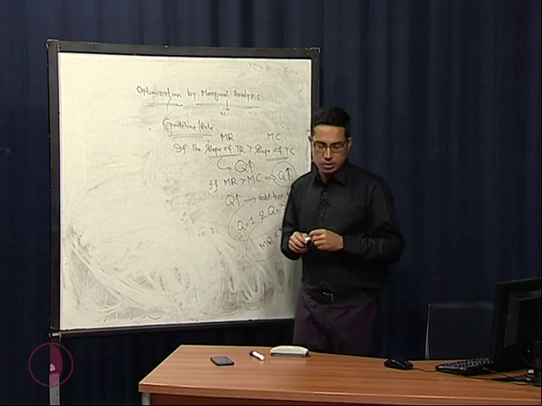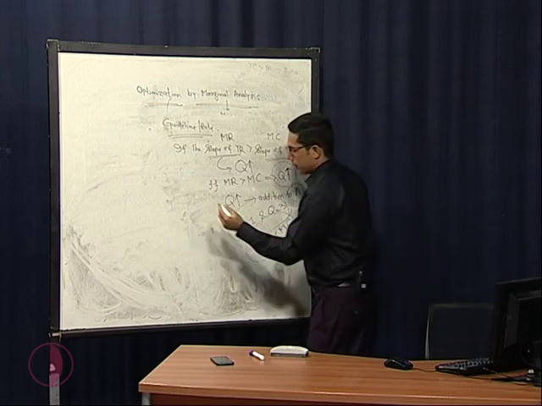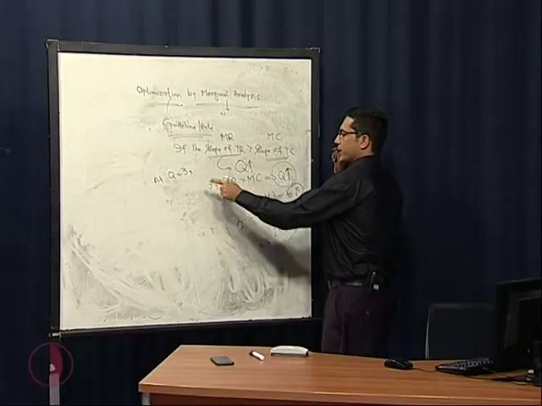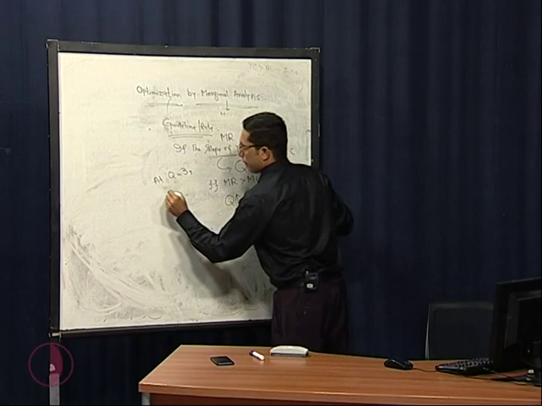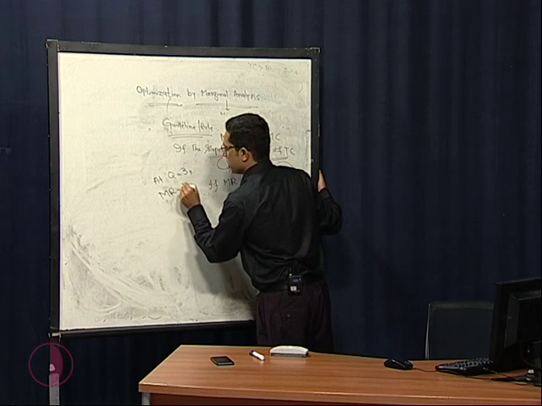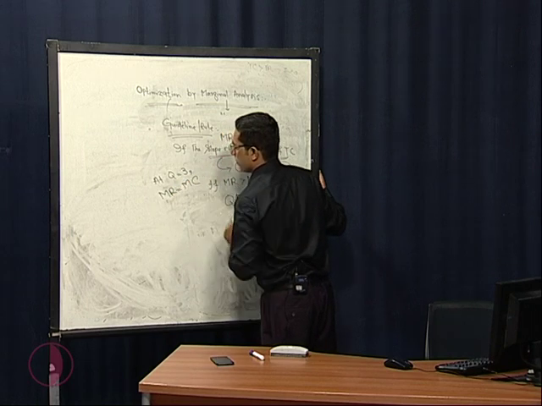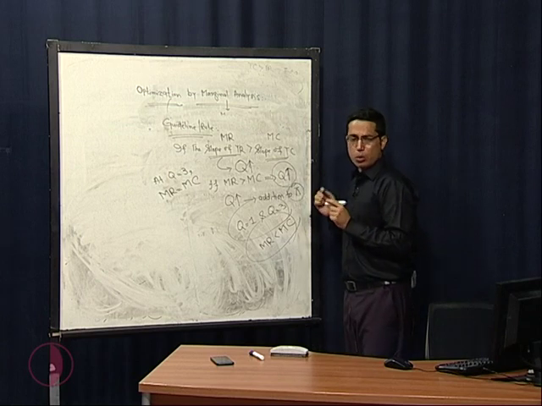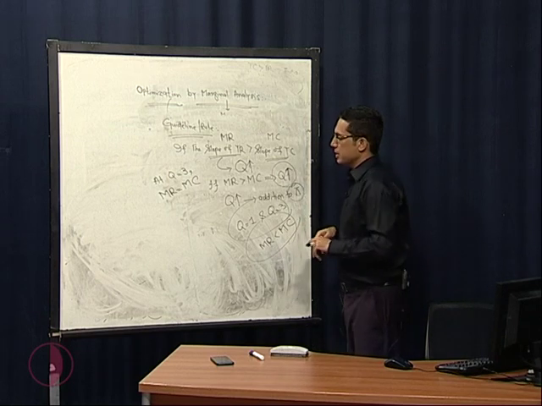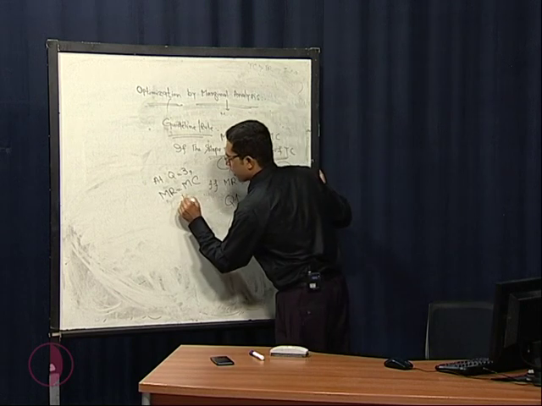At Q3, as we have seen in the previous graph, marginal revenue was equal to marginal cost. When marginal revenue is equal to marginal cost, this is the maximum profit level.